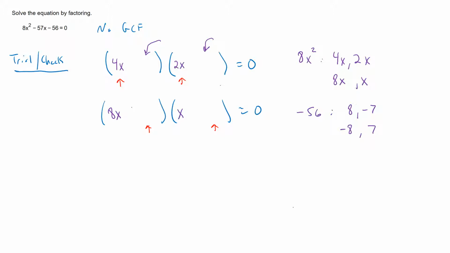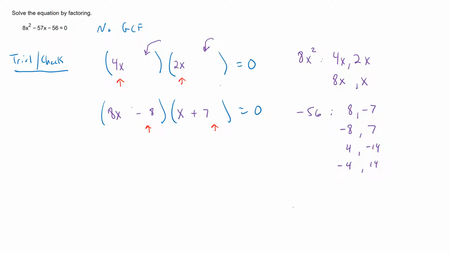Like 4 and 14, 4 and negative 14, or maybe the negative goes with the 4. I'm going to give the 8 and the 7 a try because they're closer together. I'm going to do this wrong on purpose. Let's say I put the plus 7 there and the negative 8 here.